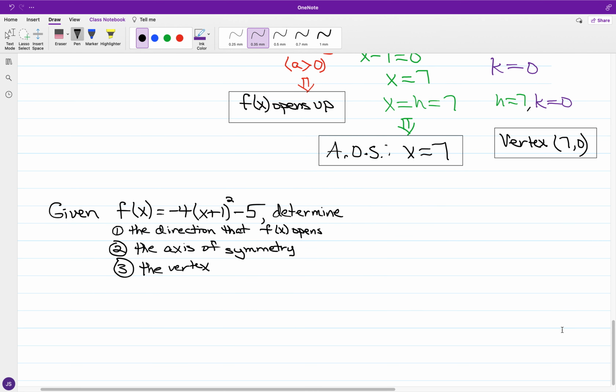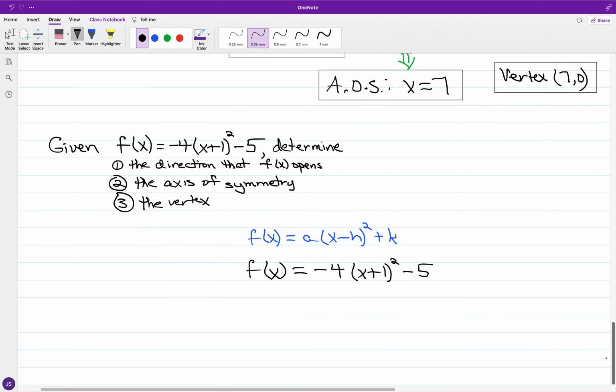Now to determine all of these same components once again. So you have f of x again equal to -4 times the square of x plus 1 minus 5.